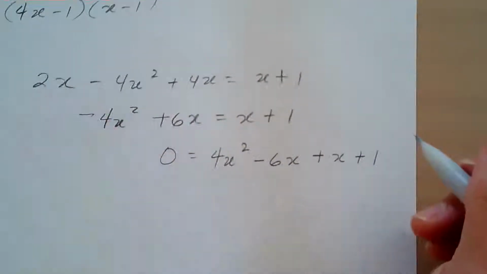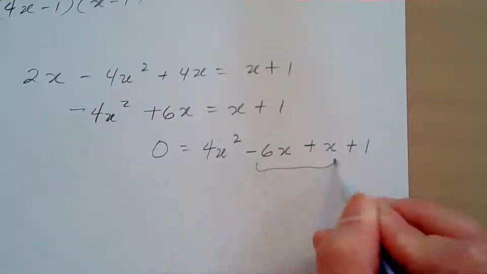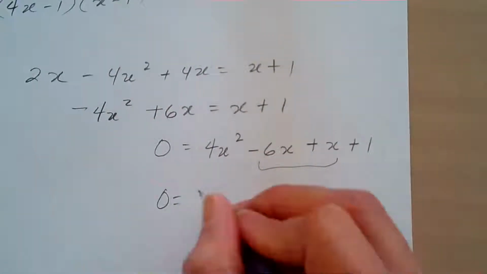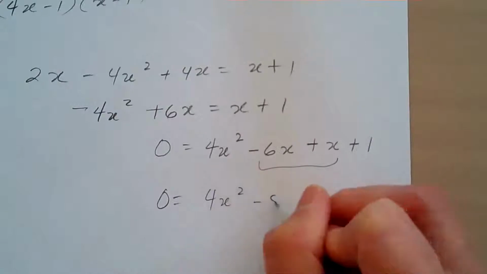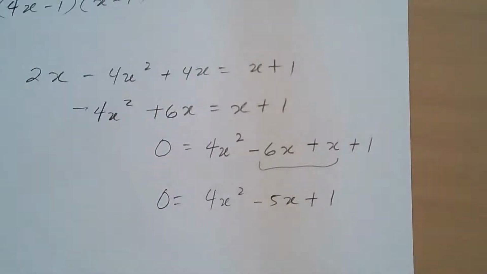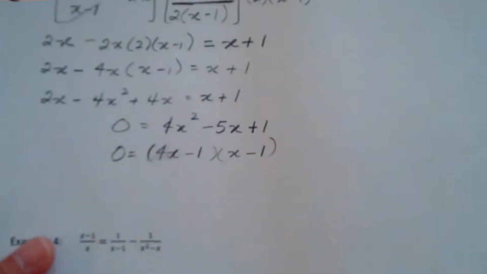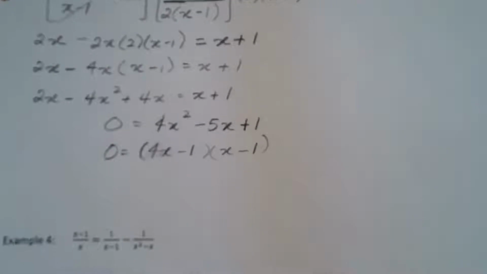You see, we already lost the 2. And then these two can be combined. They're like terms. 4x squared minus 5x plus 1. Better? Good. Okay, so having said that, what happens?